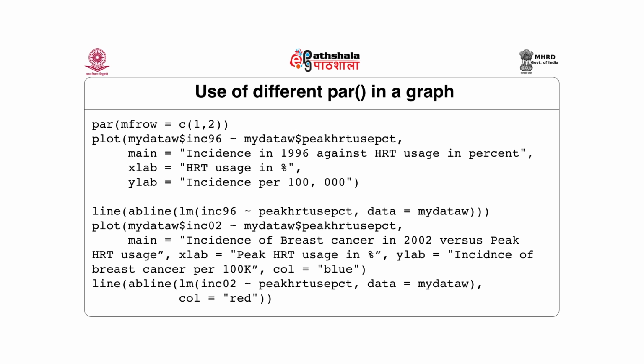Then you issue the command about plotting. Look here, what we are going to do is put 2 plots side by side. So we specify the first plot, which is incidence in 1996 against peak HRT use percentages, with the usual bells and whistles about the title, the labeling of the X, the labeling of the Y. Then we have put a regression line, and in the next we wanted to see incidence rates in 2002 against peak HRT use percent and put the regression line.